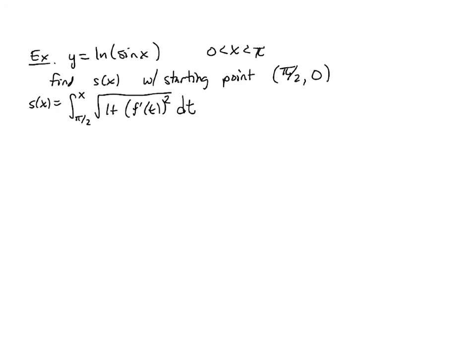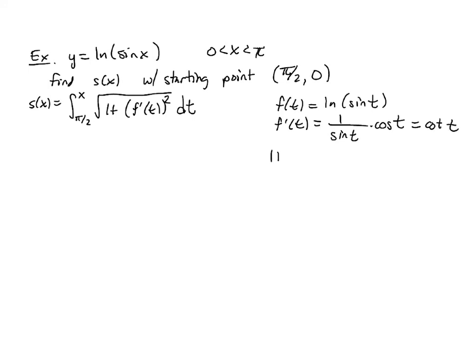So I'm going to do a little bit of work on the side in order to simplify the expression 1 plus f prime of t squared. My f of t is natural log of sine of t. Take the derivative of that, use the chain rule, so I get the cotangent of t for the derivative.